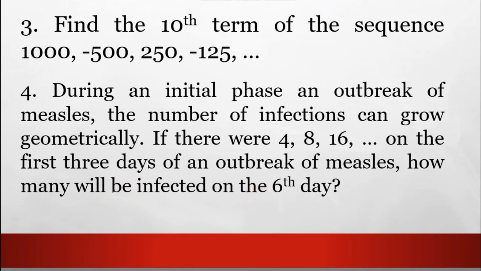Okay, so please take note of the given sequence. Now, our sequence here is 4, 8, 16, and so on. So, ano yung hahanapin or the nth term? So, the nth term here is the 6th day. So, hahanapin natin yung number of infected on the 6th day. So, let us solve that one.